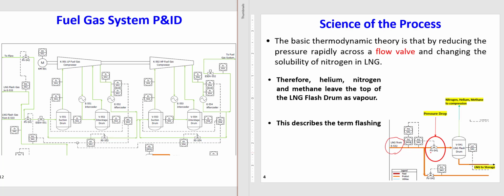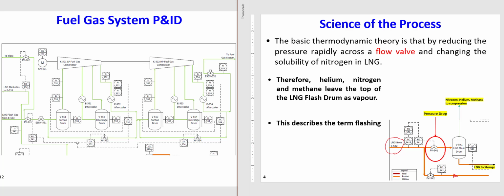We take it from the MCHE, then divide it into two parts. One part we send directly to the storage tank, without any separation of nitrogen. We have a side stream.